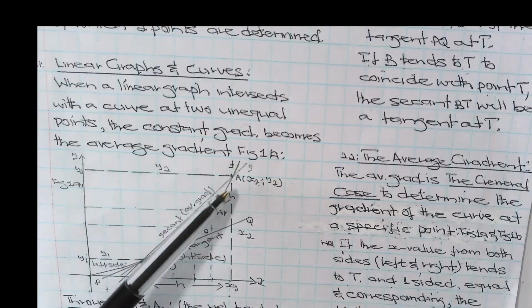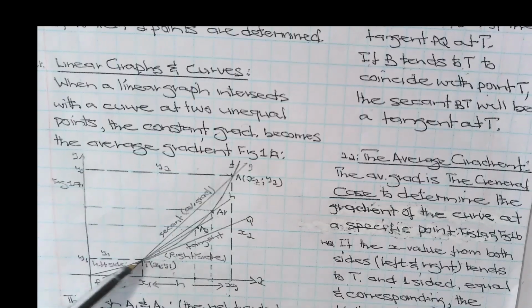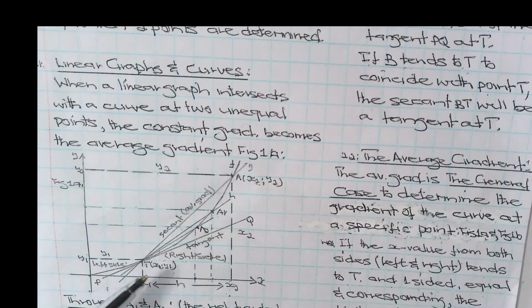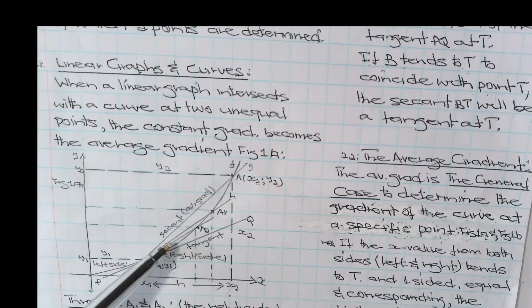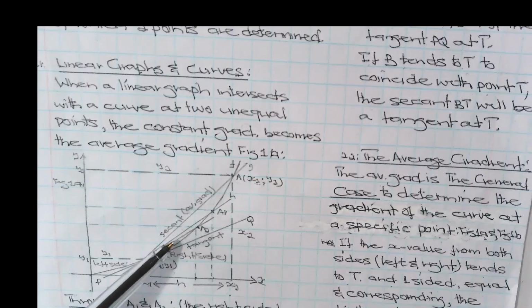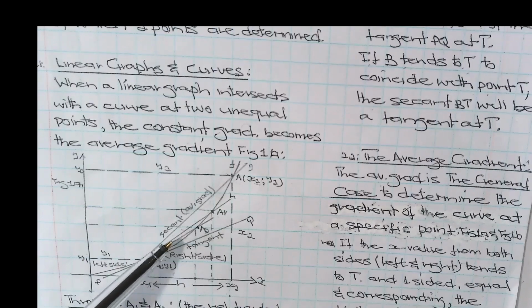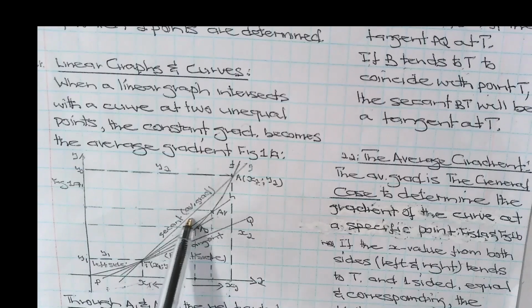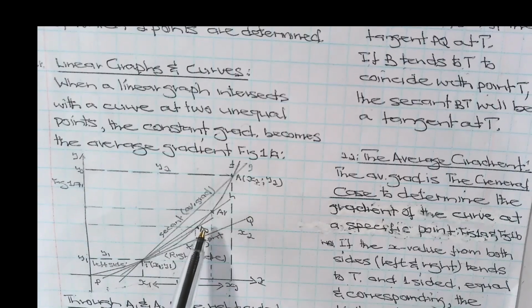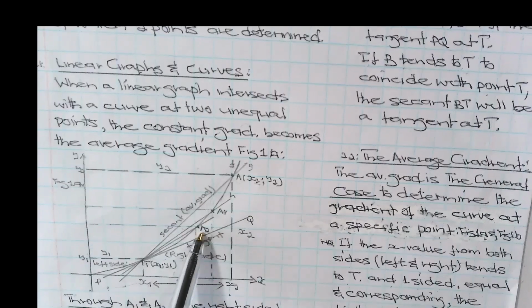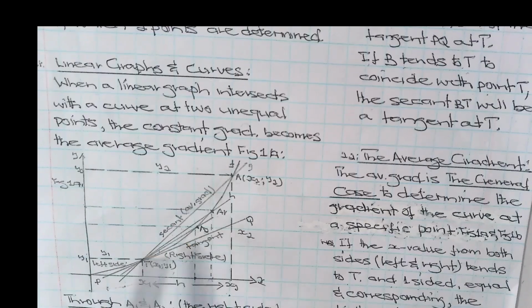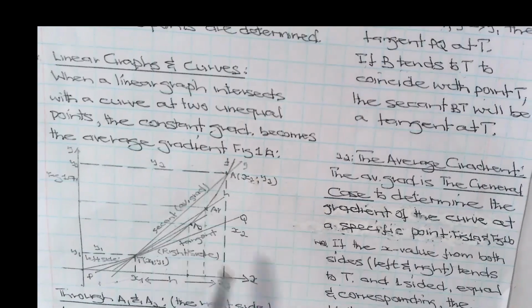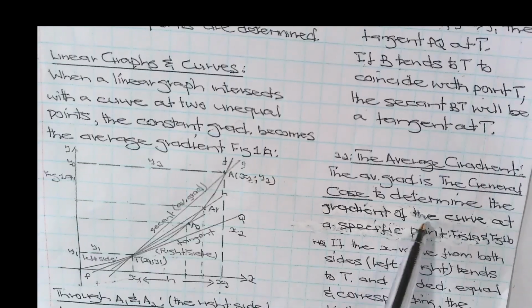Now, we have line AT, line A1T, and line A2T. All these 3 lines have different average gradients.